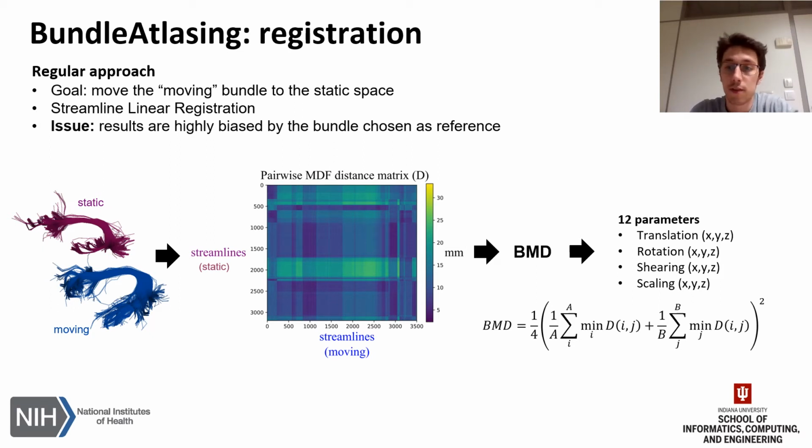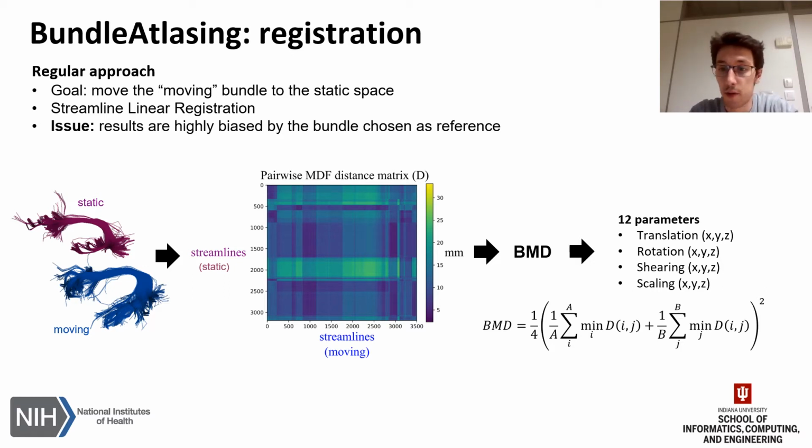And the whole registration process aims to minimize that distance by changing up to 12 parameters in case we are working with an affine transformation. So we are trying to obtain those 12 parameters that minimize the BMD distance between the moving and static bundle. So far so good.